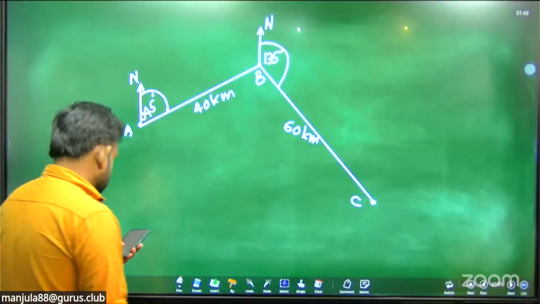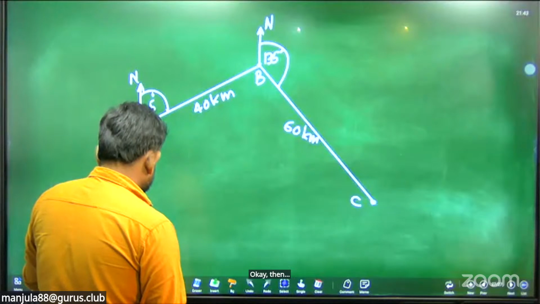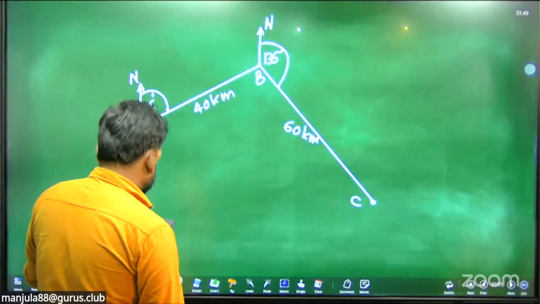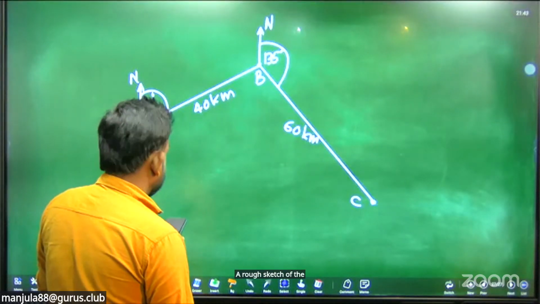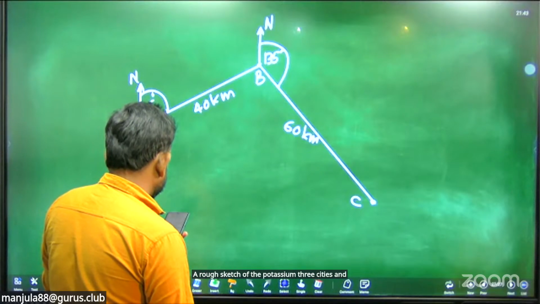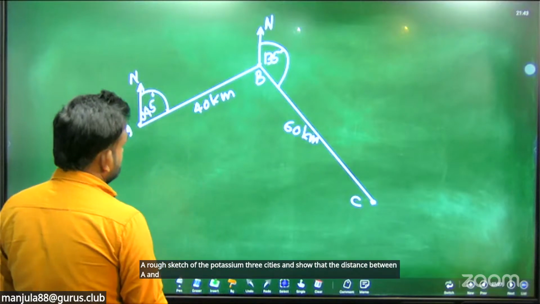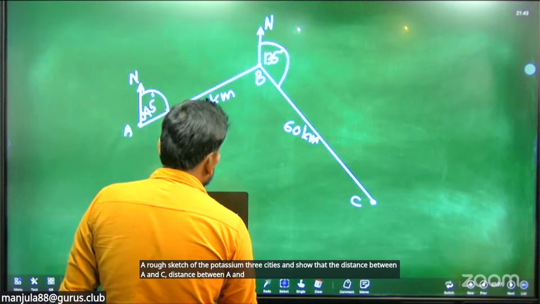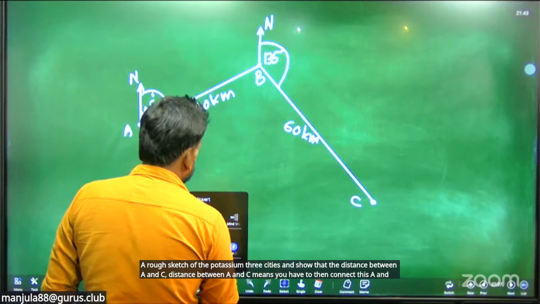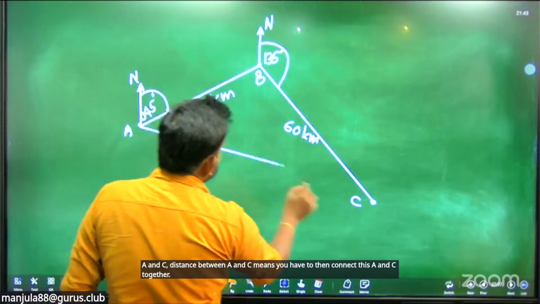Okay, then draw a rough sketch of the position of the three cities and show that the distance between A and C is 20 root 13. Distance between A and C means you have to connect these A and C together, right? So I connect A and C together.